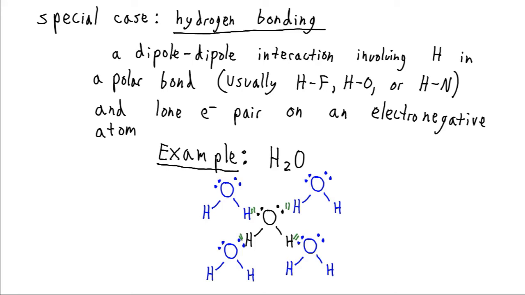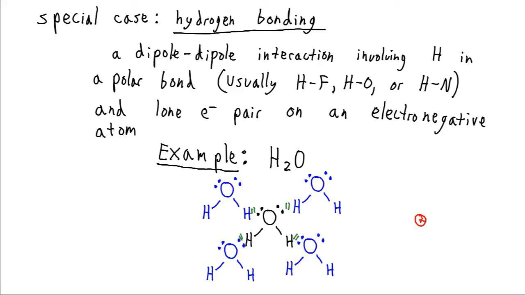Now, hydrogen bonds tend to be stronger than regular dipole-dipole interactions. There are a couple reasons for that. One reason is because hydrogen is essentially just a proton. Doesn't have any shells of electrons, which would prevent it from exposing this full positive charge here to this electronegative oxygen.